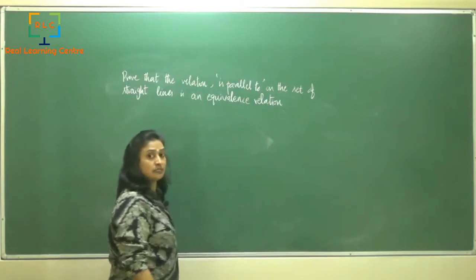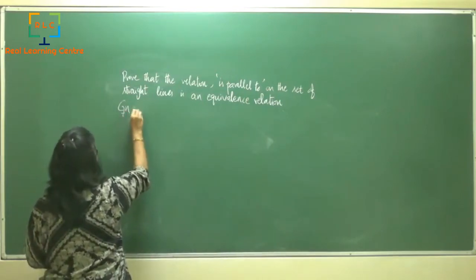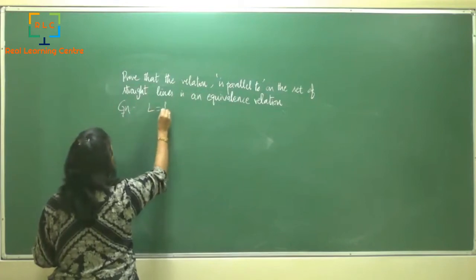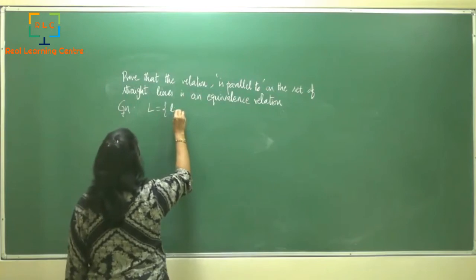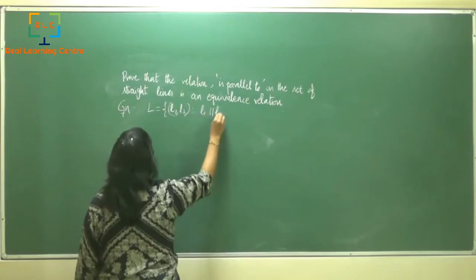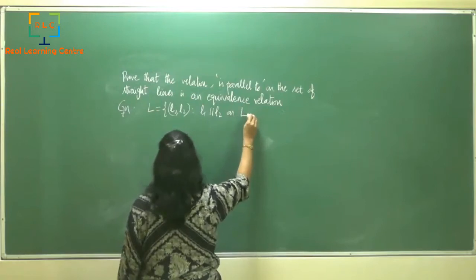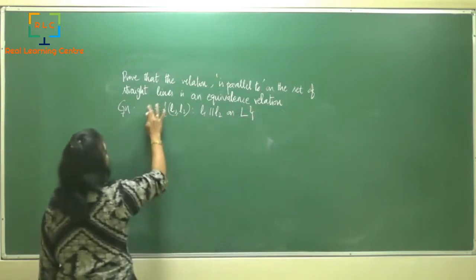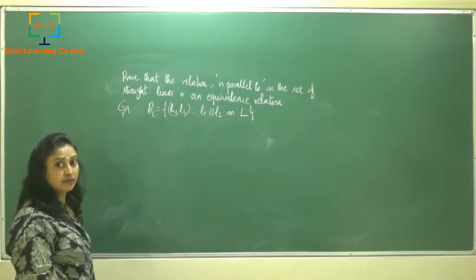My solution goes like this. I'll call it L equal to the set of lines, and the relation is {(L1, L2) such that L1 is parallel to L2} on the set of straight lines. So let me call this R. R is equal to this, which is the definition they have given on the set of straight lines.